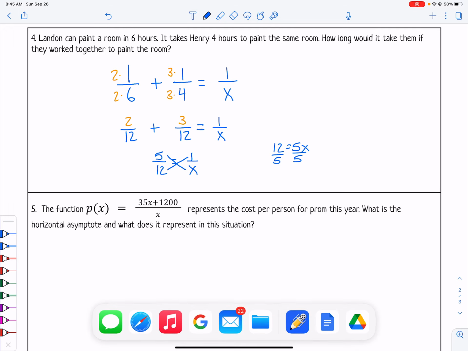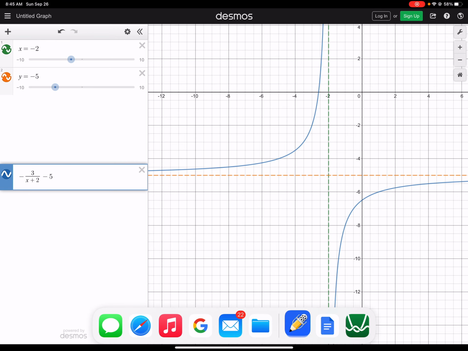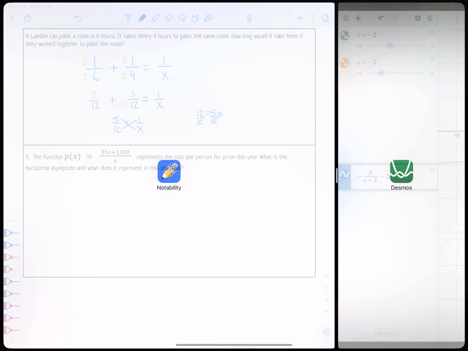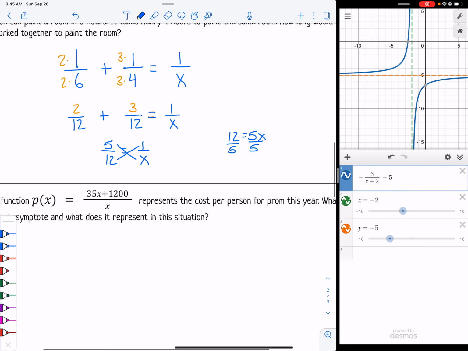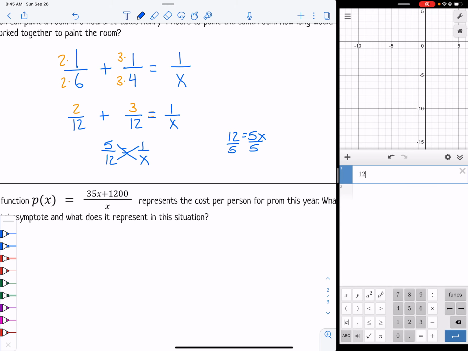So let's just get a quick decimal of that, and then we can convert it into hours and minutes, which is a good thing to do. 12 over 5 is just not how we talk about time. That's why we want to go a little bit further. So we could say 2.4 hours, but then we normally don't talk about hours in terms of decimals.